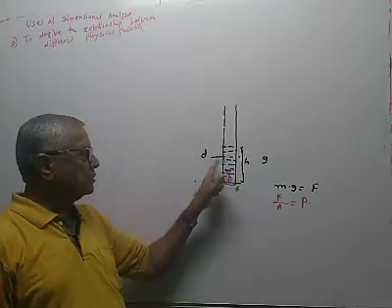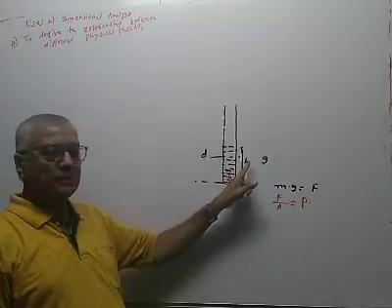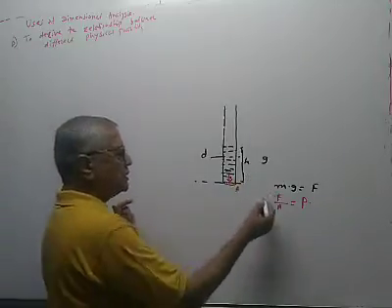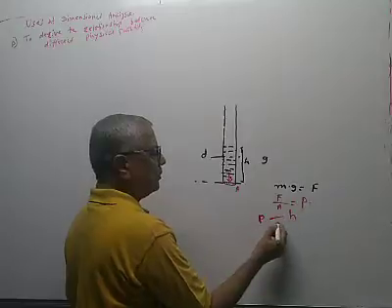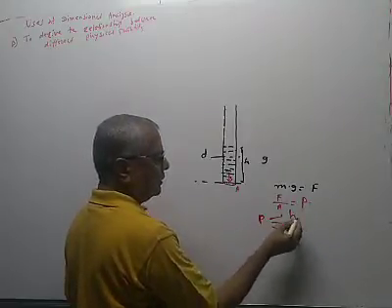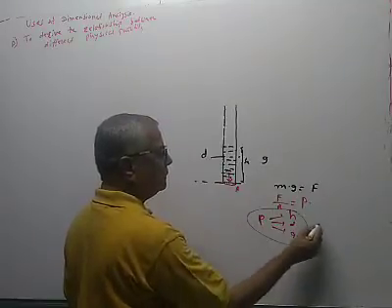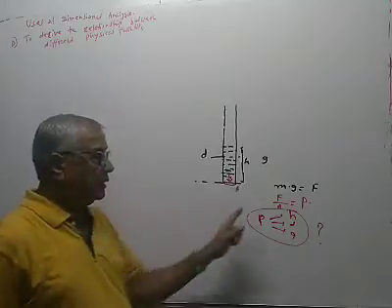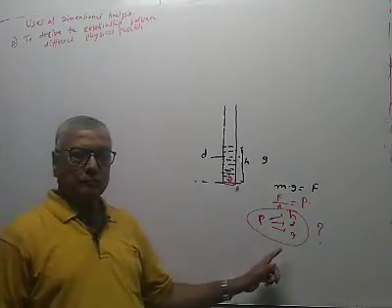Mass depends upon the density and volume. Volume depends upon the area of cross section and height. So this pressure depends on height of the water column or liquid column, density of the liquid used, and gravitational acceleration. So what to find is a relationship between these four quantities. This is our first problem.